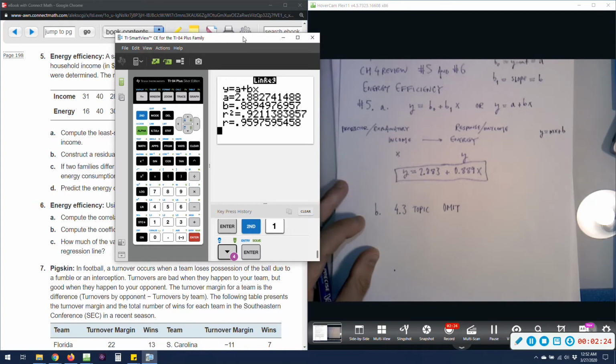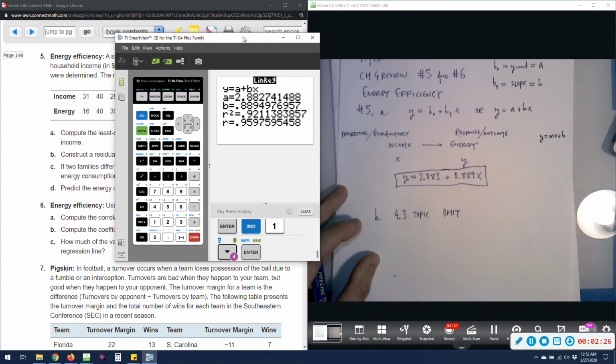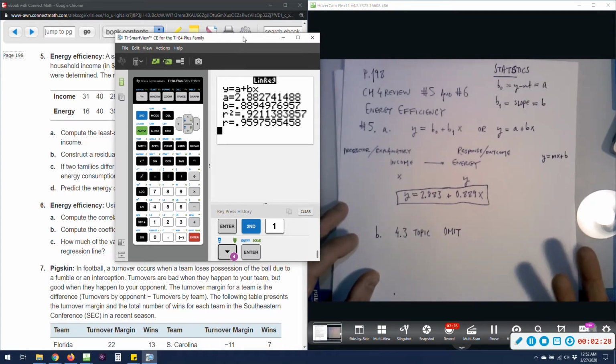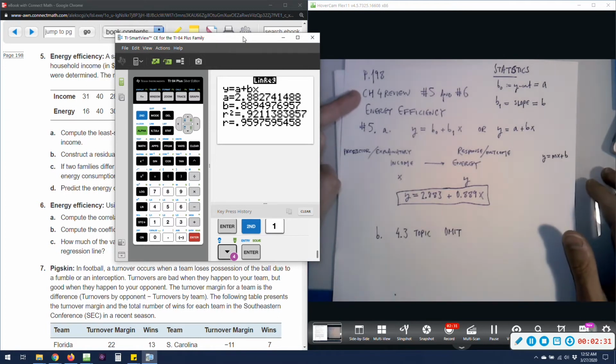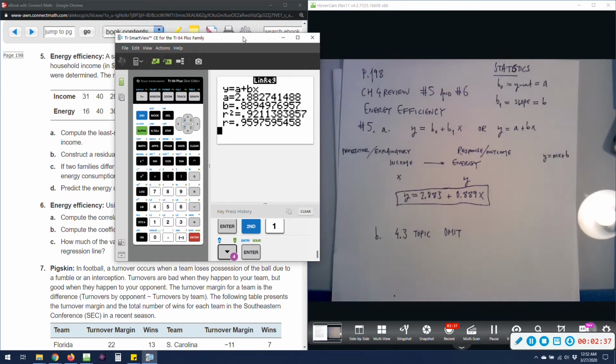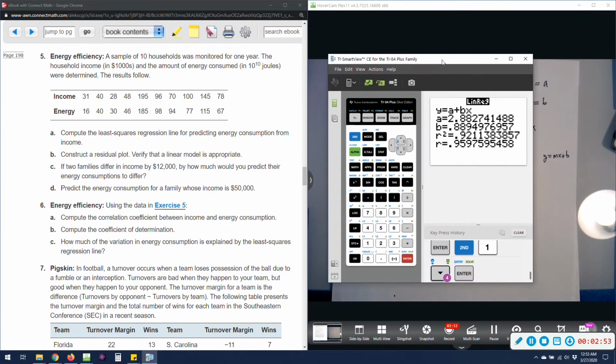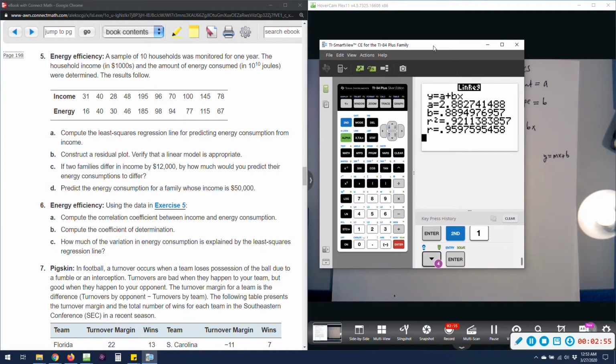This is an important thing to think about. The methods that we are doing in chapter 4 are really good when things look like a line. So before we do this problem, using the regression line and doing the next few problems, we should verify that what we're seeing looks like a line. The scatter plot for this data, we should verify that it looks like a line. And it does.